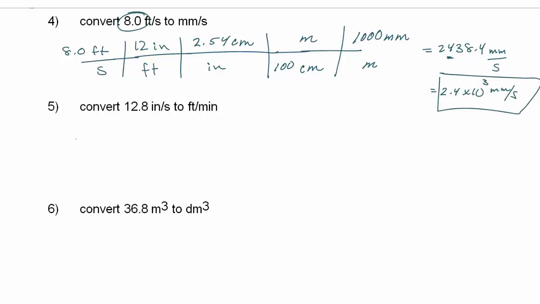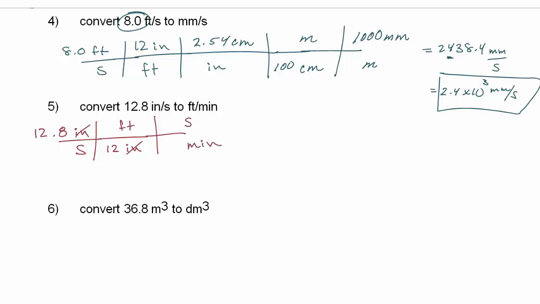12.8 inches per second to feet per minute. So I have to get the inches to feet, so that's not bad. 12 inches in a foot. So I'm done with the inches to feet. Now let's get those seconds to minutes. You see how to do it? Seconds has to come up here, otherwise it won't cancel.